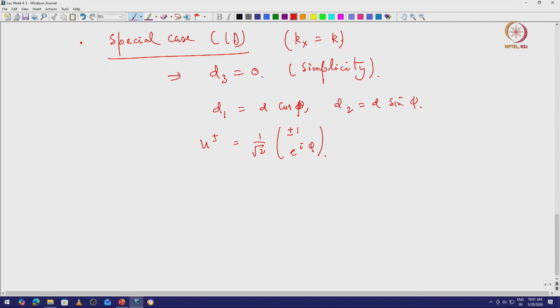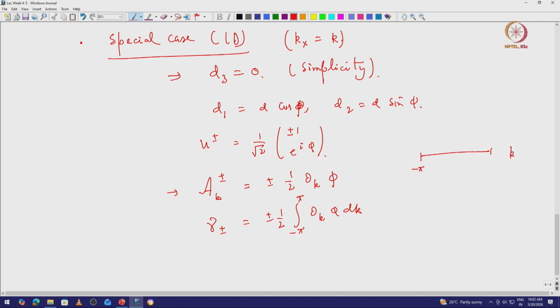So, let me just remind you, k goes from minus pi to pi. So, we have some Brillouin zone in 1D going from minus pi to pi, and I will set a to be 1.